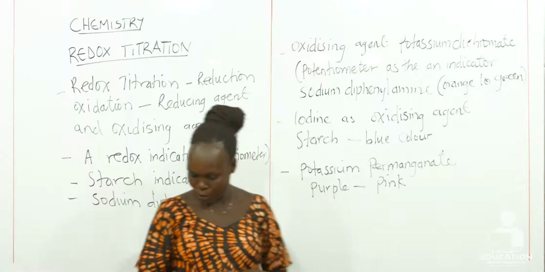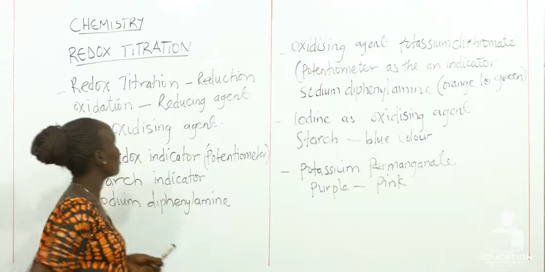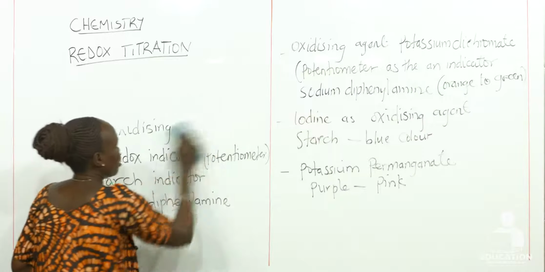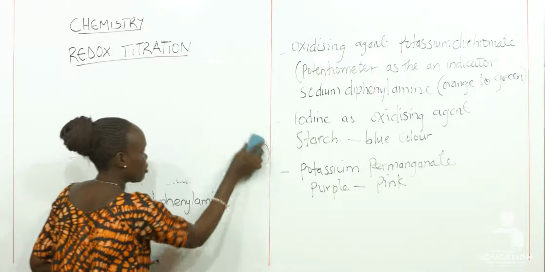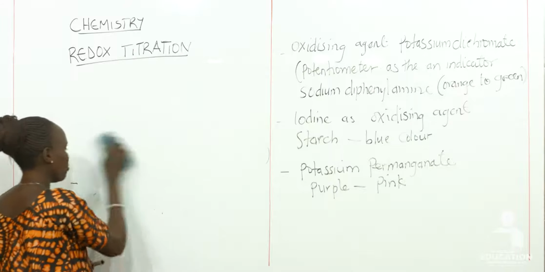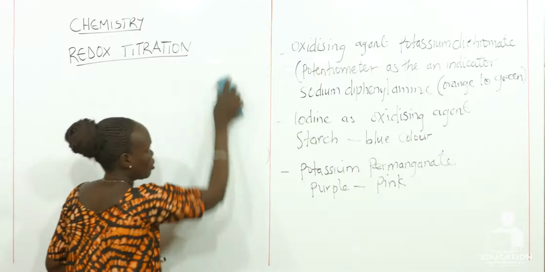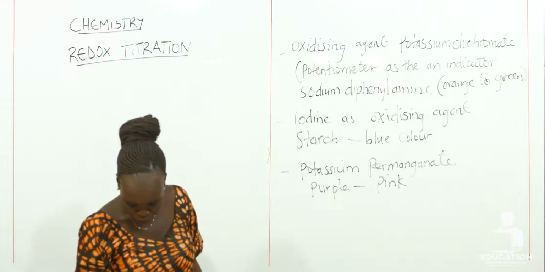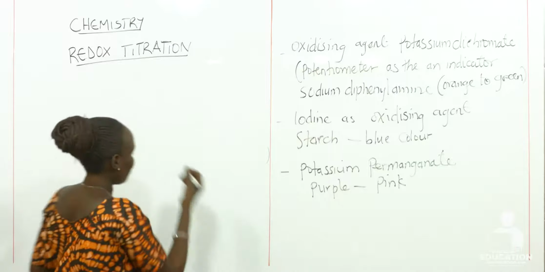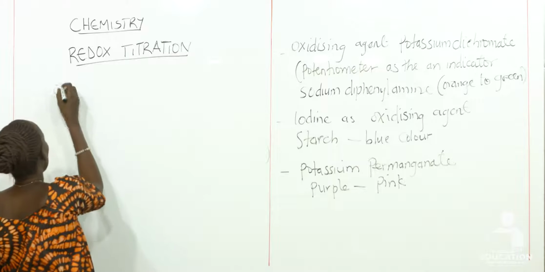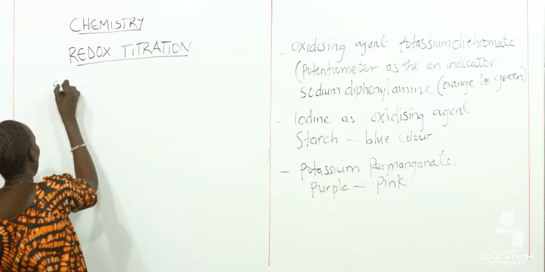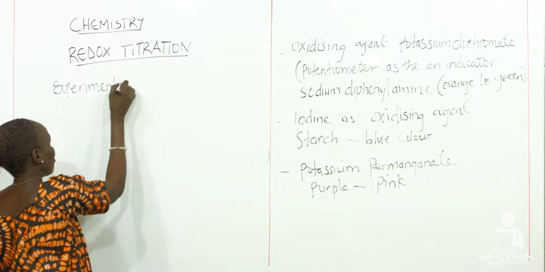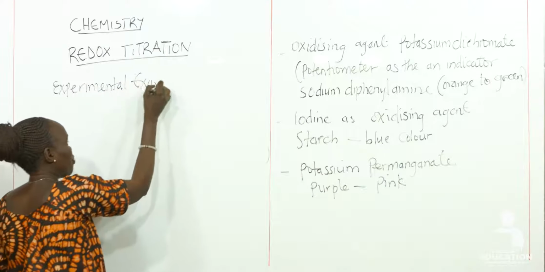When you have an example in this type of titration, remember that this is a redox titration, and you have to keep in mind that there is an oxidizing agent and a reducing agent. So, experimental example.